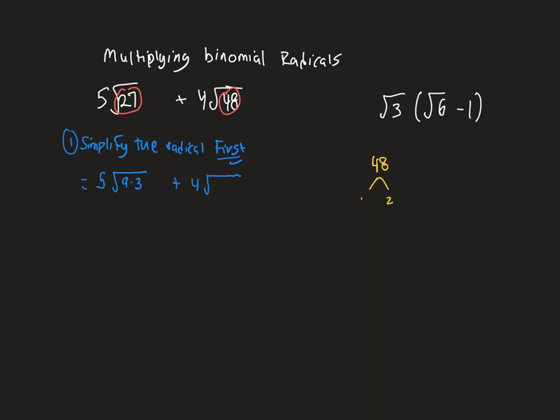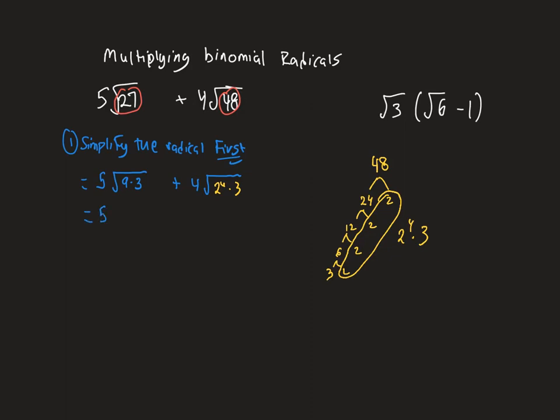So 2, I can divide that, 24, 2, 12, 2, 6, 2, 3. So, how many 2's do I have here? 1, 2, 3, 4. So it's 2 to the power of 4 times 3.